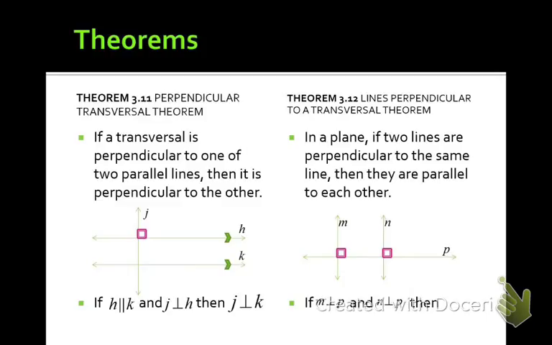So if M and N are perpendicular to the same line P, then those two lines have to be parallel. They have to be. There's no other explanation. So that's the conclusion we're going to make. Again, it's all about what you know and when you know it and what you get to conclude because of what you know.